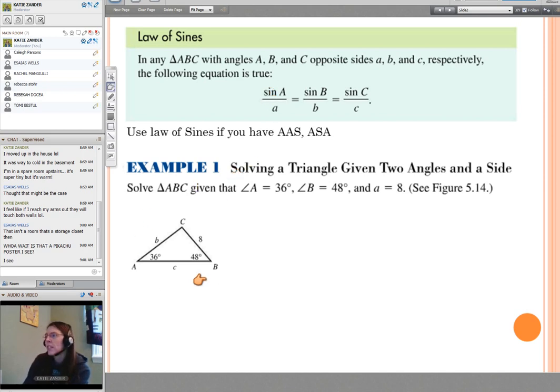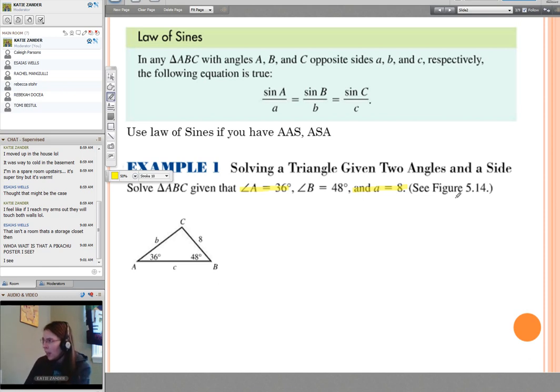In the first example here, we're given angle A and angle B and side A. Now the law of sines is going to work here because you have a side and an angle that's opposite it. So as long as you have a side A and an angle A, you know that you can use the law of sines because you have a full ratio that you can compare something to.